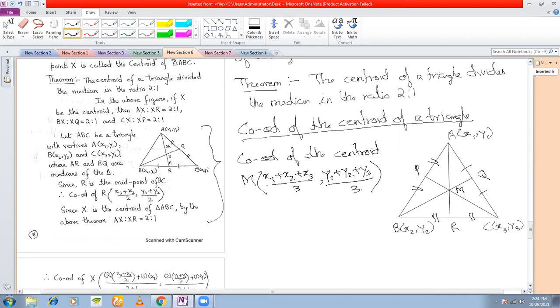This is the formula for the centroid of a triangle. I have shown you how we are getting this formula. You can go through this if you are interested, but we just need the formula to work out the sums.